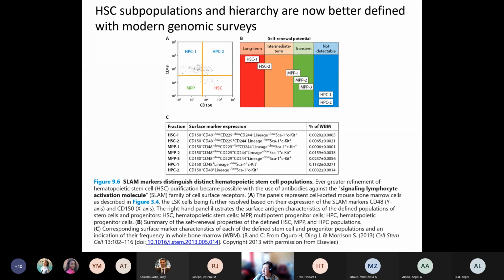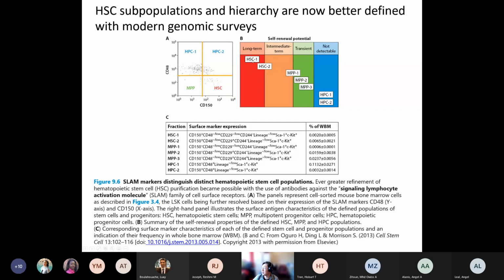So here he described the cells as hematopoietic stem cells, and then some of the progenitor cells, HPCs, and then the multipotent progenitors. So he showed his hierarchy.